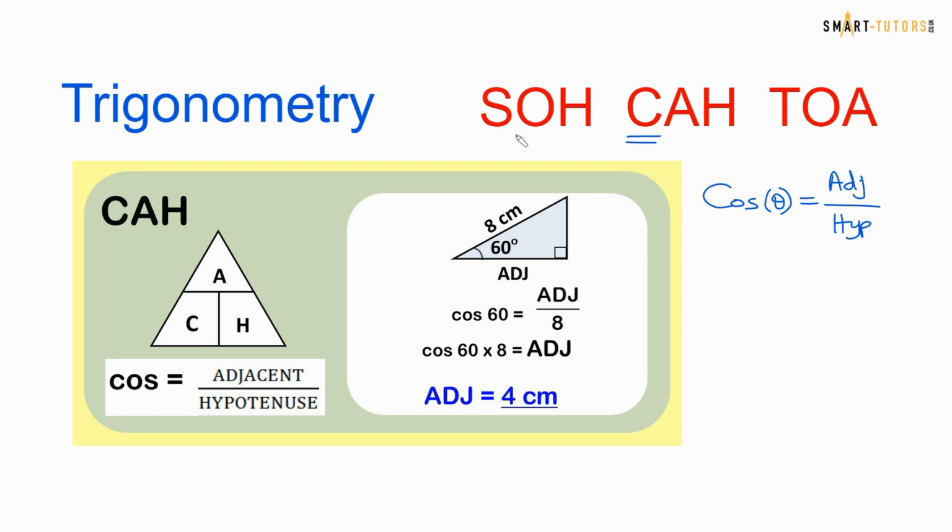So cos theta, for this particular question, 60 degrees is the angle, the adjacent side is the side near the angle, and 8 centimeters is the hypotenuse side. So cos 60 equals adjacent over 8. Cross multiply: adjacent times 1 is adjacent, and 8 times cos 60 is the answer. So that is the ratio for the cosine.